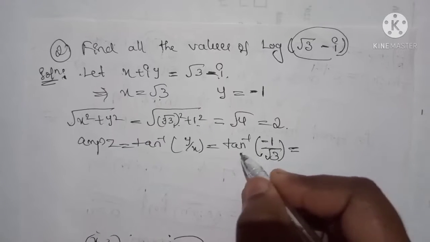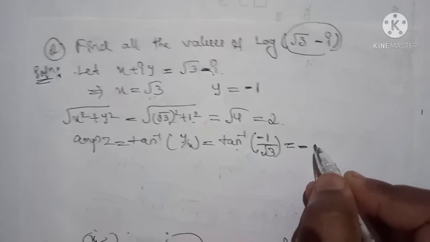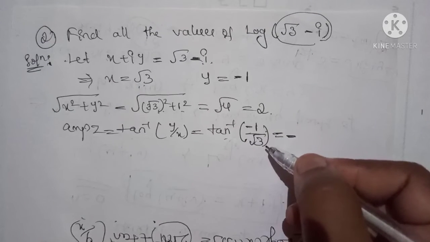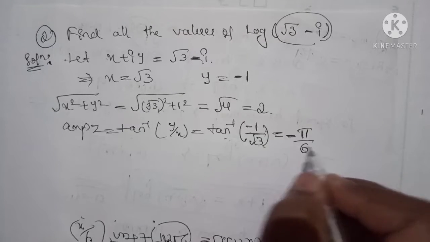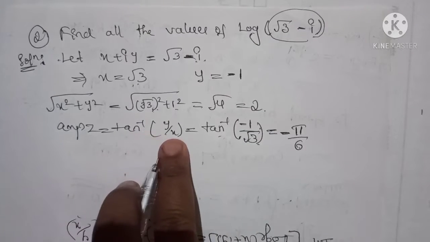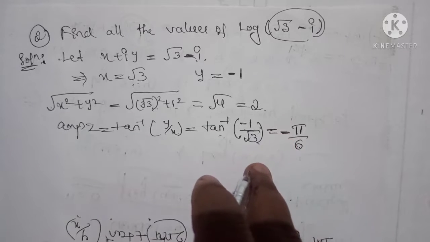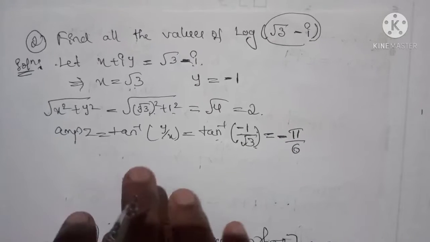We know that tan inverse of minus theta is minus tan inverse of theta. Tan inverse of 1 by root 3 is pi by 6. Thus tan inverse of y by x is equal to minus pi by 6. Now we substitute this value into the general value formula.